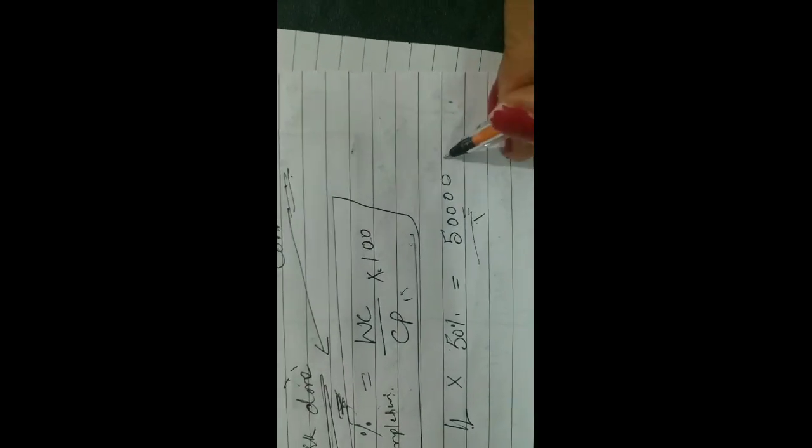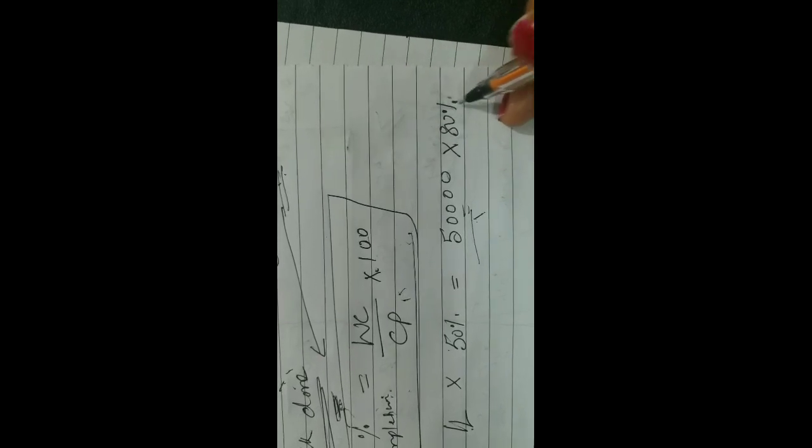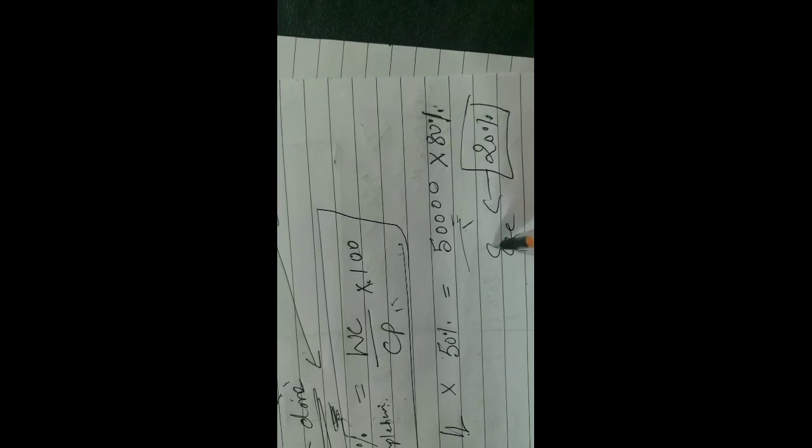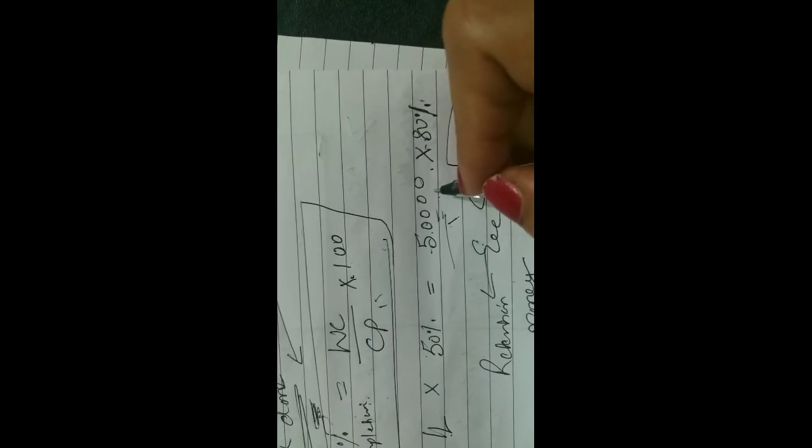But the contractee will not make payment of 50,000. He will, let's say, give only 80% of this. He will not pay 20%. So this 20% figure which the contractee is going to keep with himself is the retention money. And he is going to make payment only of the 80% of the amount for which the certificate has been received. I hope this is clear to you.